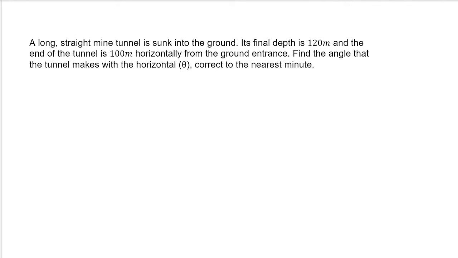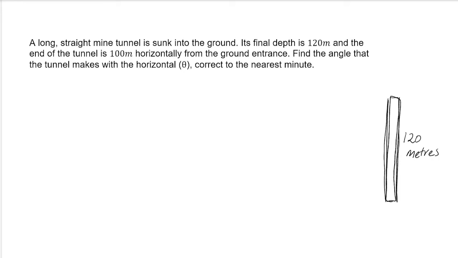So I have a mine shaft. Here's our mine shaft. Straight down, poorly drawn mine shaft, but it's going to be 120 meters. Okay, so there's our mine shaft at 120 meters.